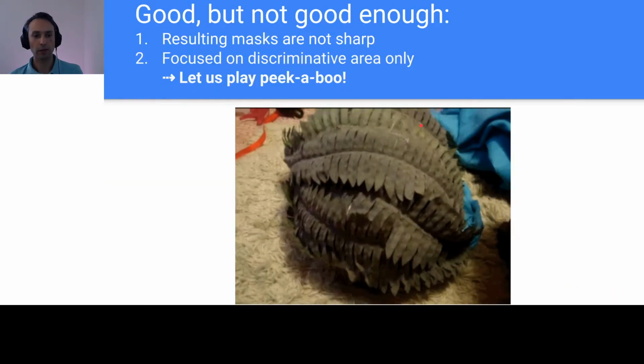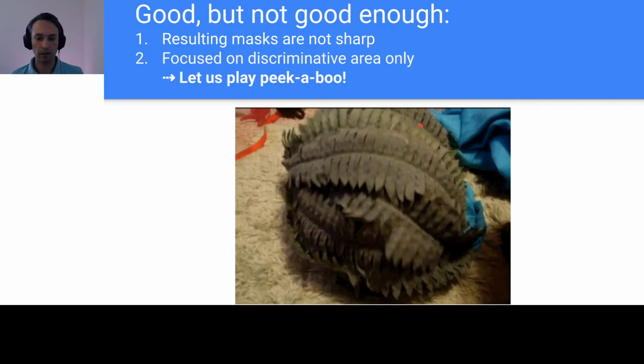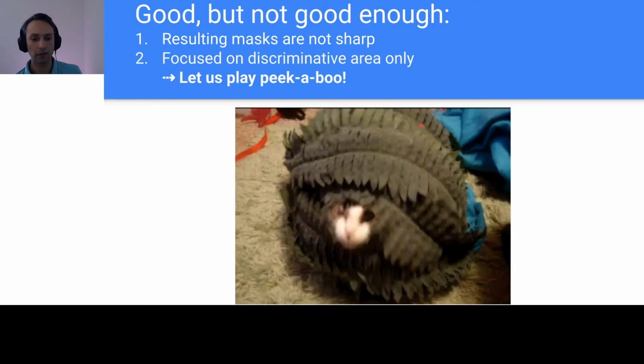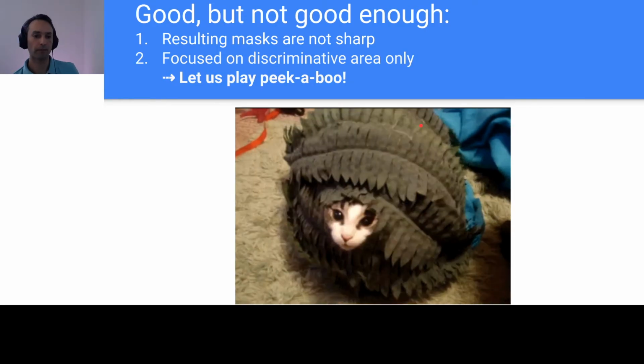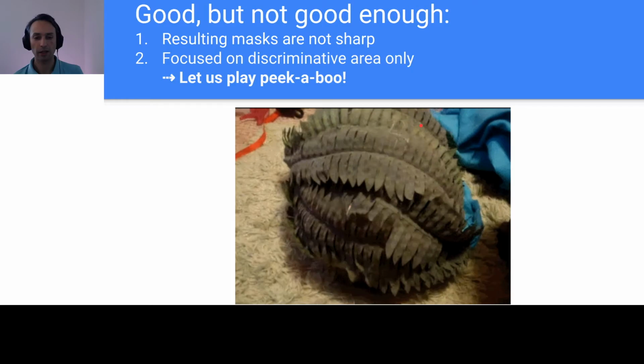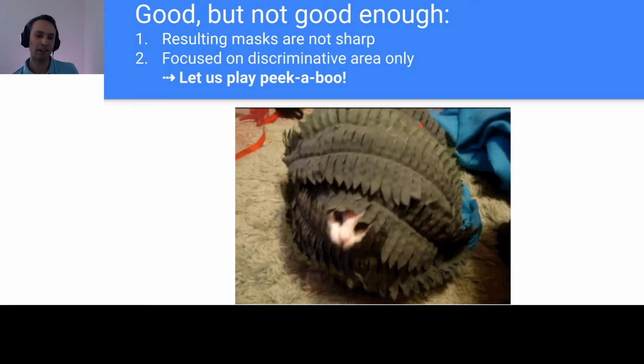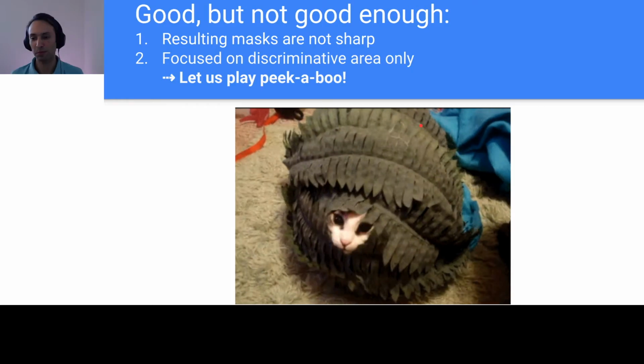So those are the ways that you can make the mask a bit sharper and cover a bit more of the object, but there's still no explicit signal to focus on the discriminative areas. And for this, one of the ideas that I liked is what I call the peekaboo technique, where you're trying to hide some areas of the image.